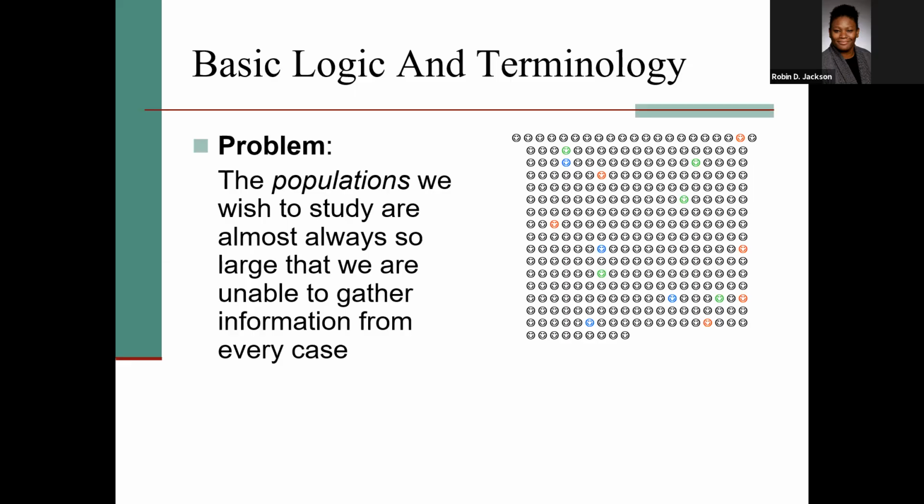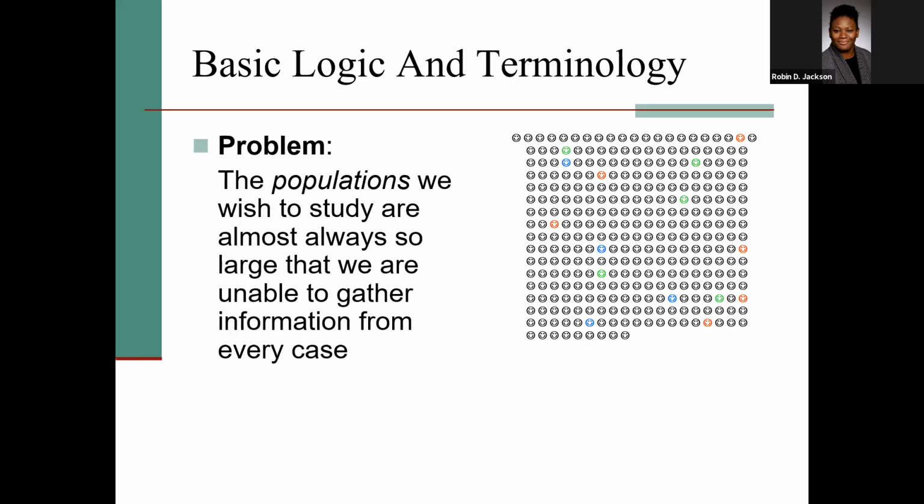The first term, population. One of the key things that's problematic for social scientists, people like myself who look at issues related to society, is that some of the appropriate populations for the tests and research that we do are really, really large.